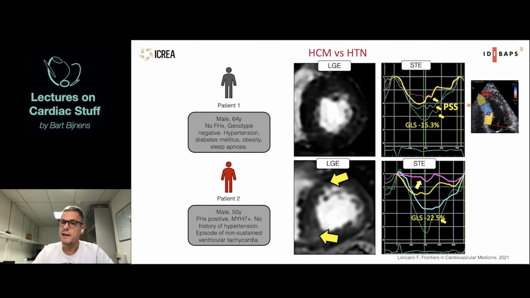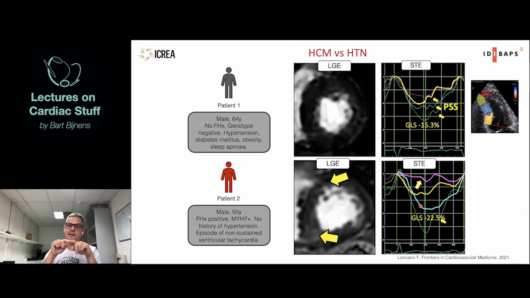So instead of this pattern of the hypertensive, where you go from low systolic with post-systolic towards normal in some kind of gradual way, in this hypertrophic cardiomyopathy there is deformation, although abnormal deformation, and then you have a region of quasi-zero deformation, and then you go towards deformation again. So you see that this regional pattern is very different.